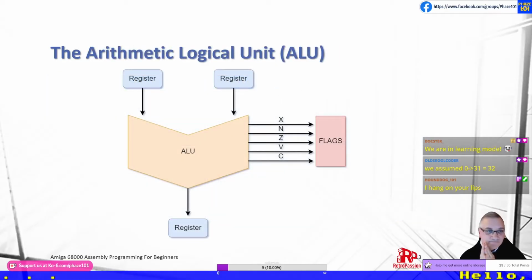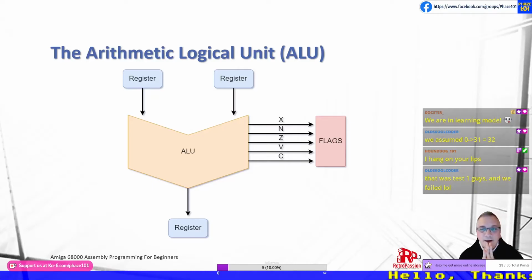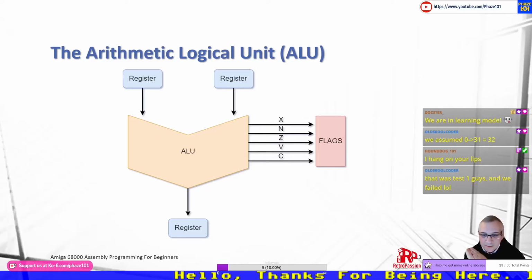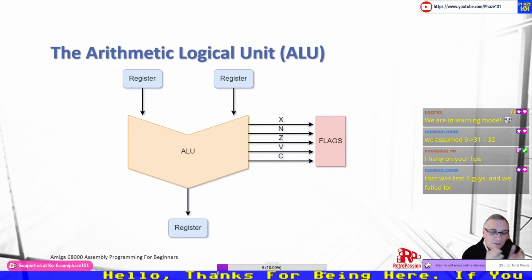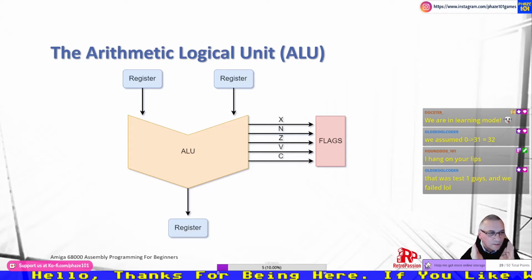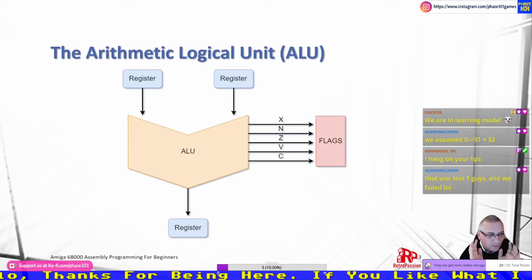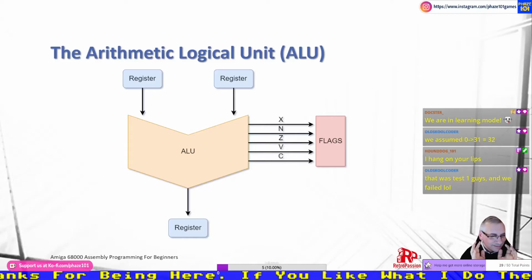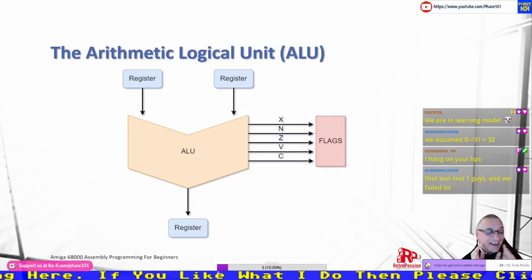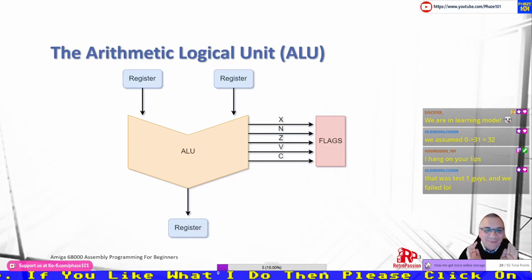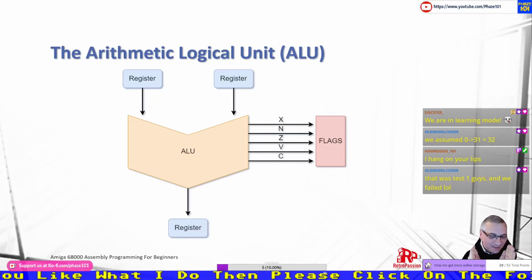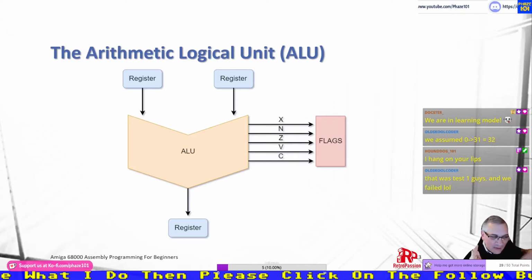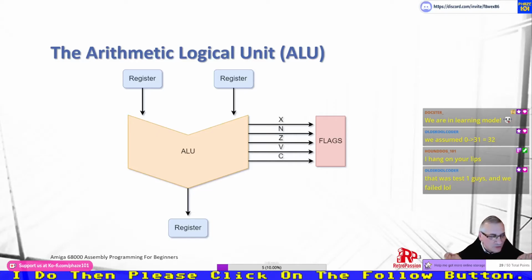This is my humble representation of what happens in the arithmetic logic unit. The 68,000, most of the time, normally has source, which is on the left side, and destination, which is on the right side.